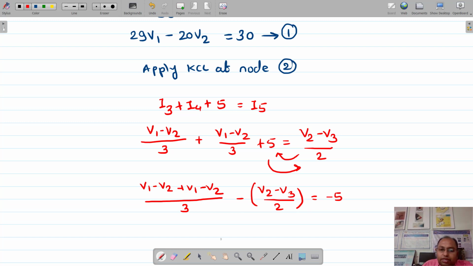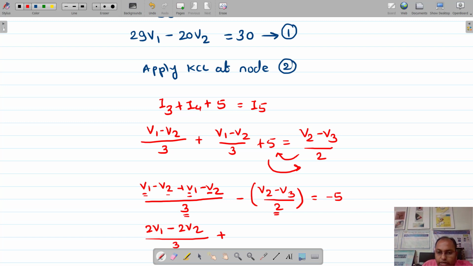Is that fine? Great. Therefore, now let us again make the denominator the same. Before that, we will first simplify this one. So twice V1 minus twice V2. So we have added V1 terms and V2 terms. Divided by 3 as it is.